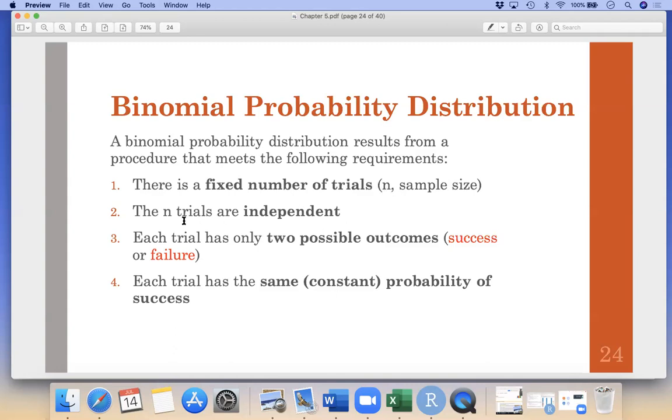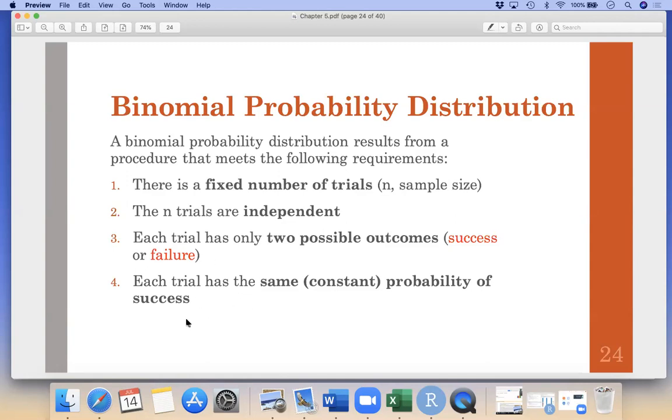Also, those trials should be independent. Also, each and every trial has only two possible outcomes, not more than two, only two. That's why it's binomial. So each trial definitely has only two possible outcomes, that means success or failure.